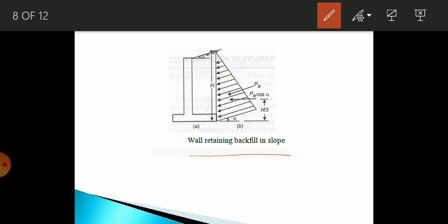So due to that sloping backfill, there is a triangular loading with an inclined base, and the angle of that inclination will be equal to the angle of surcharge. The base of this triangle has the same value as that of the other triangle, that is Ka gamma into H.